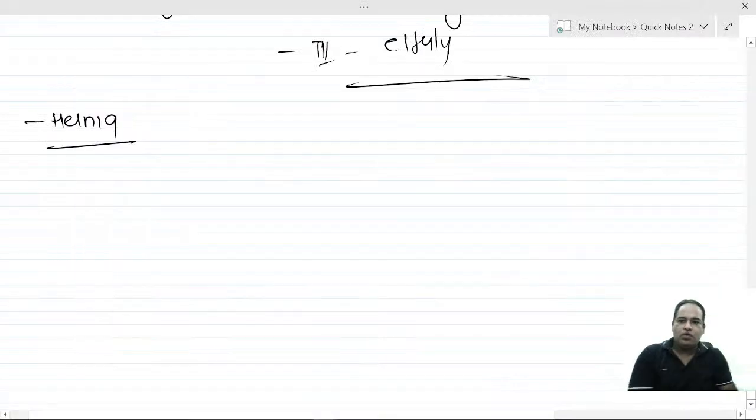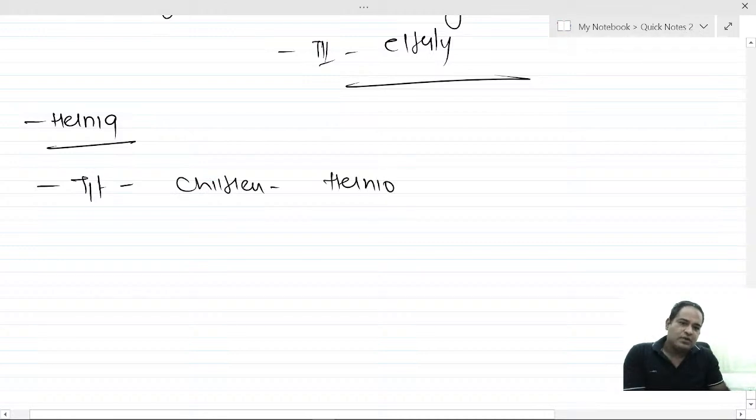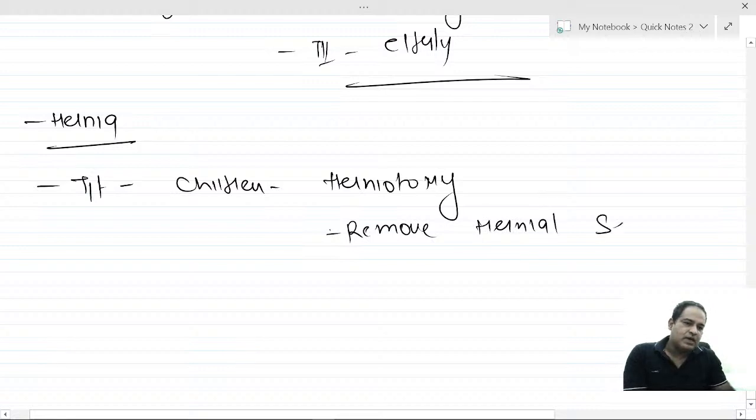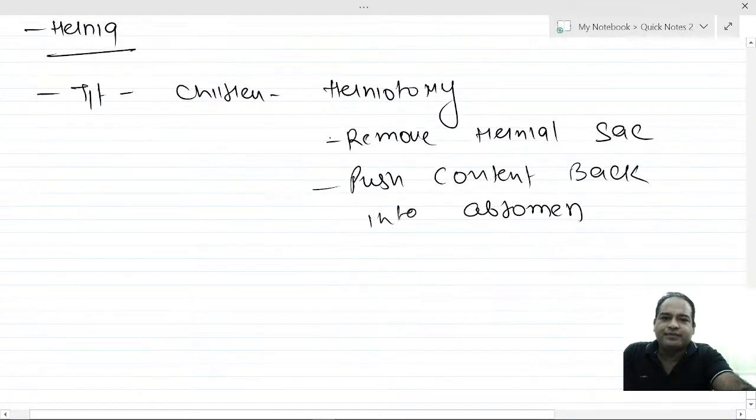Now, what is the treatment? Treatment in children is herniotomy. That means we just remove the hernial sac and push the content back into the abdomen.